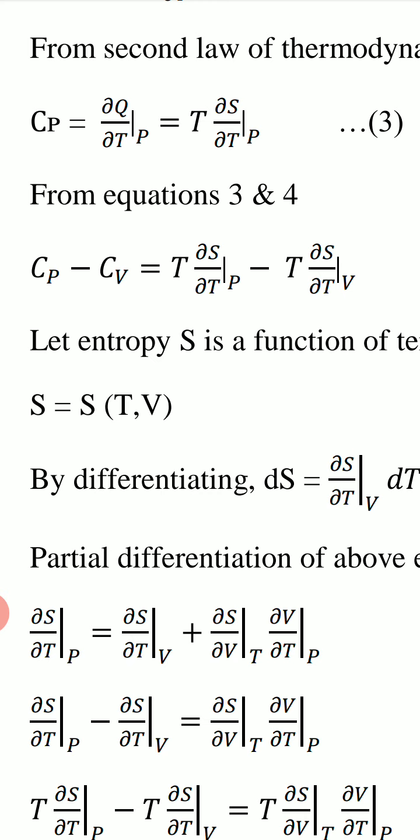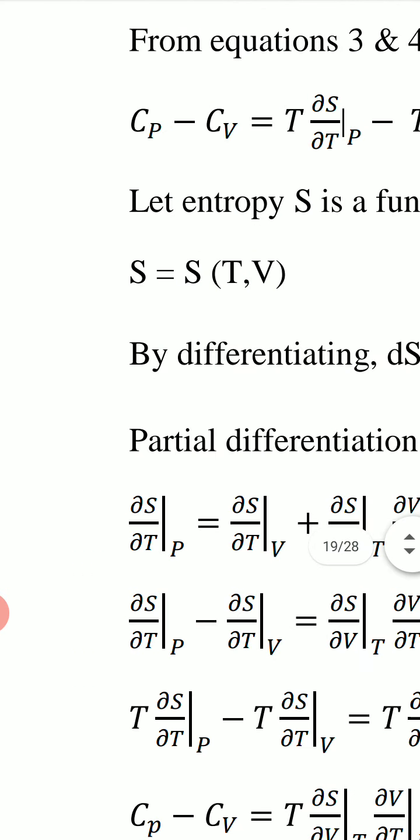To eliminate S from this expression, we write entropy S as a function of T and V. There are 4 thermodynamic variables P, V, T and S. We can write any of these 4 thermodynamic variables as function of other 2 thermodynamic variables.